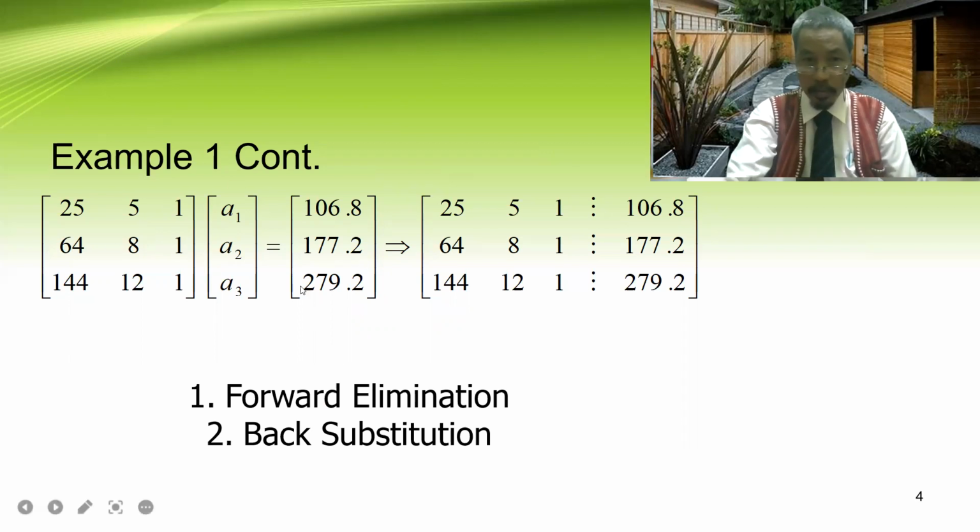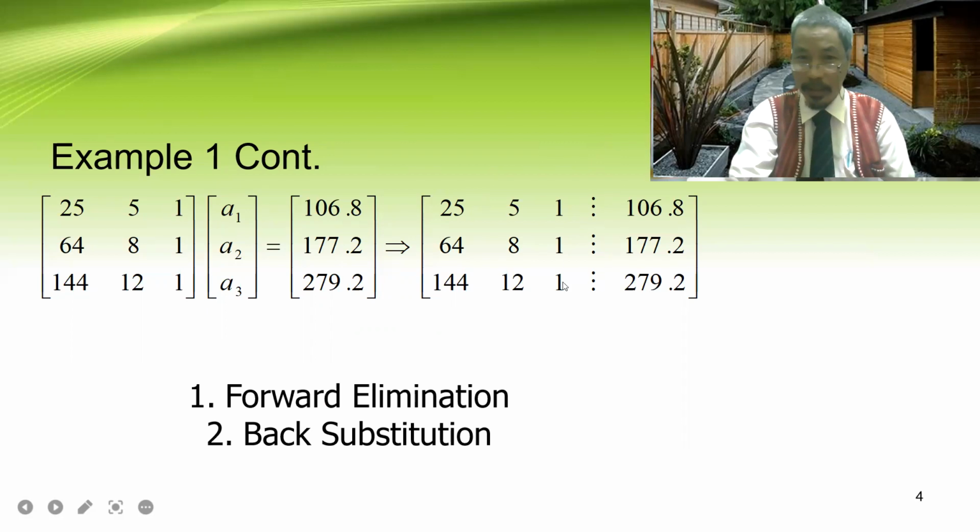Just to simplify further, this is another technique of simplifying. Just remember that your variables are a1, a2, a3. So what happened here? We just separated them by dotted lines.